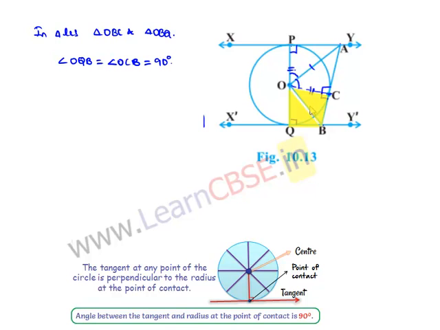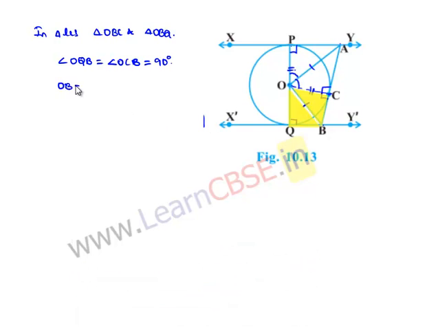Also in both these triangles we have a common side OB, that is OB is equal to OB, which is common to both triangles, and also OQ will be equal to OC, since it is the radius of the circle.